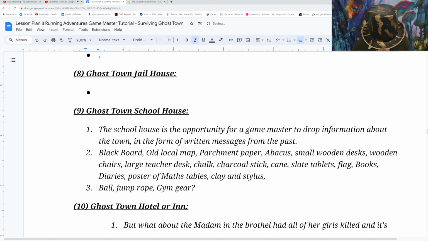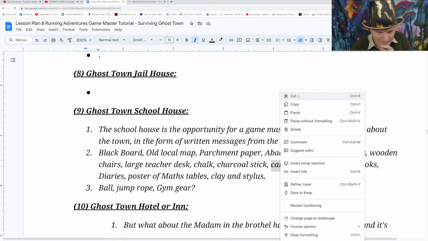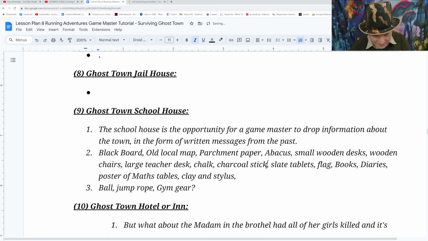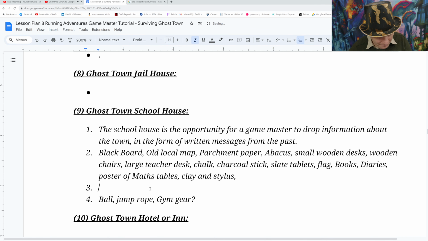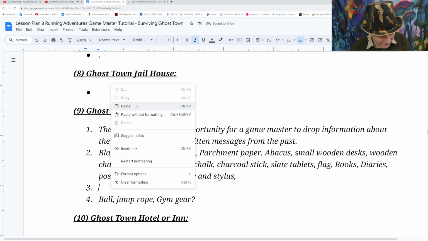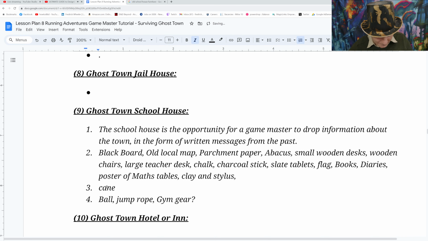The Board of Education, paddle of enforcement. Oh, that's right. I've seen one of those. That's right. Let's do this. Let's cut that bit there. And we go here. Punishment cane and the paddle.